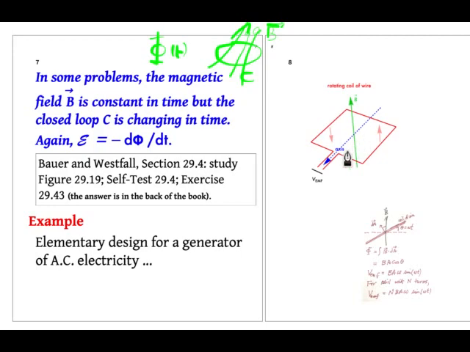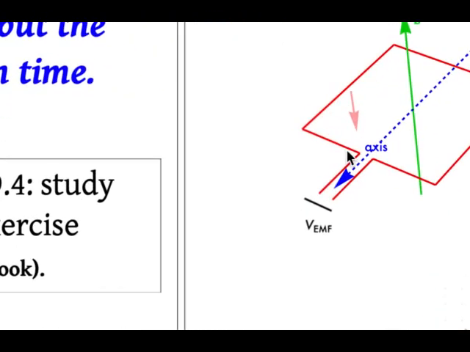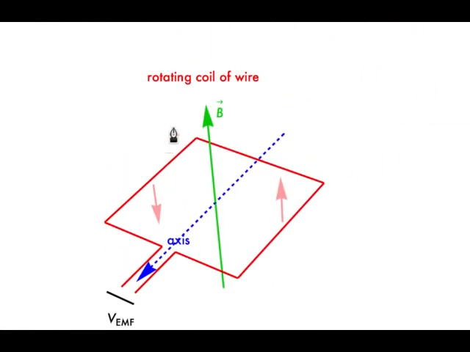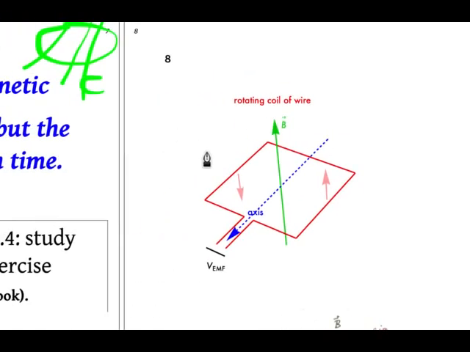Here's a picture. Let me try to blow this up a little bit. You have a rotating coil of wire. I think this was sort of explained in qualitative terms back in part 1 of the screencast. A rotating coil of wire, rotating in a magnetic field, creates an EMF around the wire.